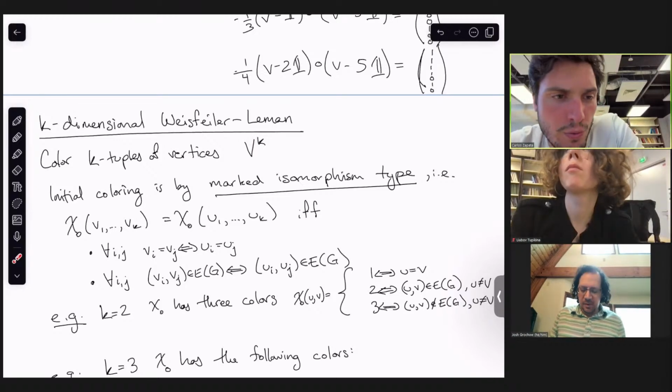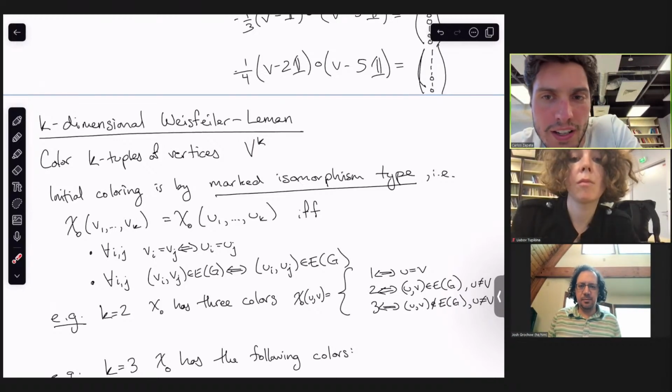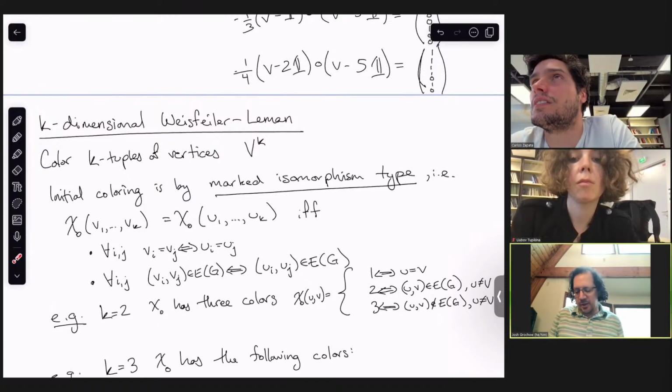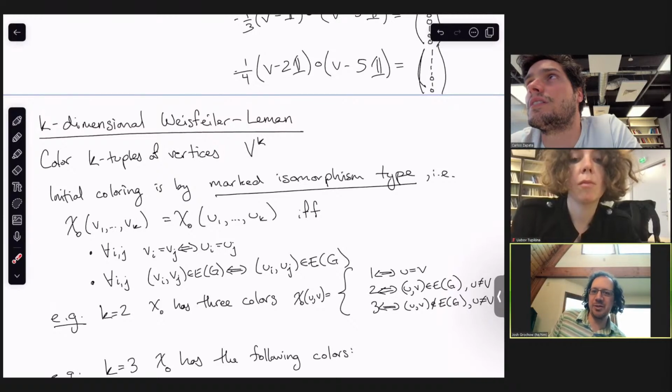Josh, can I understand why is it called one-dimensional in the previous case? Well, because in the k-dimensional version, we're going to color k-tuples of vertices, and in the previous case, k was 1. You'll also see that it corresponded to vectors, and in the k-dimensional version, it will correspond to kth order hypermatrices, and vectors are like first-order hypermatrices.